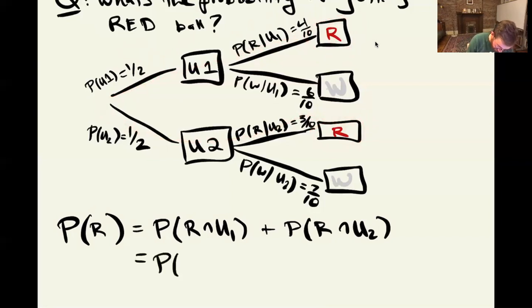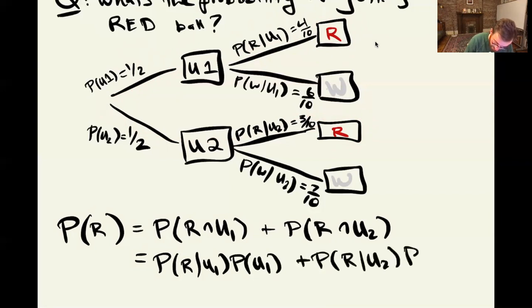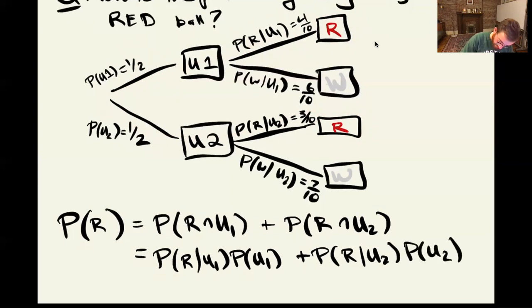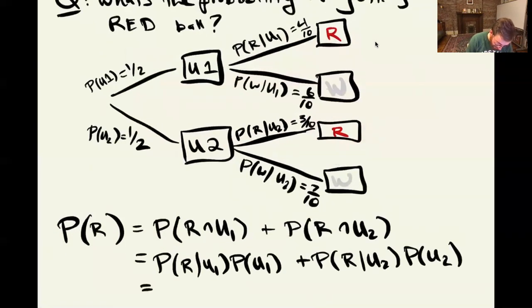So writing it out, the probability of red given we picked from urn 1 times the probability of urn 1, plus the probability of red given that we picked from urn 2 times the probability of urn 2, which, as I just indicated, is 4/10 times 1/2 plus 3/10 times 1/2.